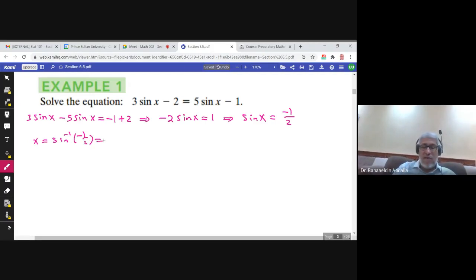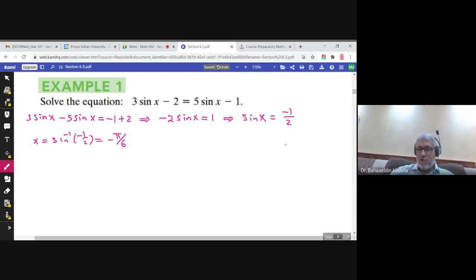If you ask the calculator to find sine inverse of negative half, the calculator will say to you negative pi over 6. Remember, we need to find all solutions. The calculator will give you one of the solutions. We need to find all solutions.